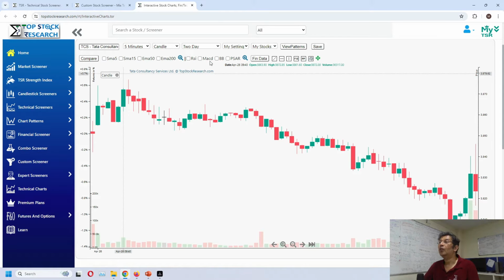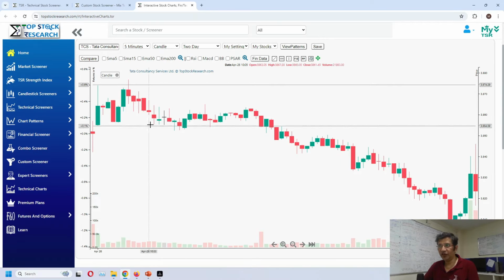Open range would be the first tick over here. Whenever this range for 15 minutes tick, which is 9:15, 9:20, 9:25, 9:30, this is your open range, the highest level and the lowest level of the open range.